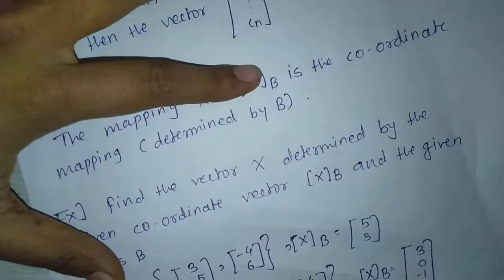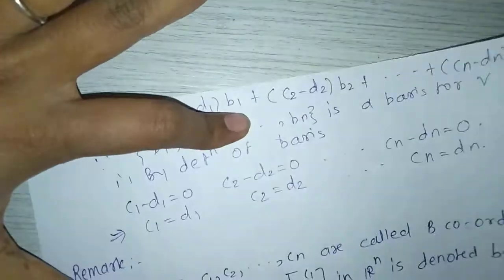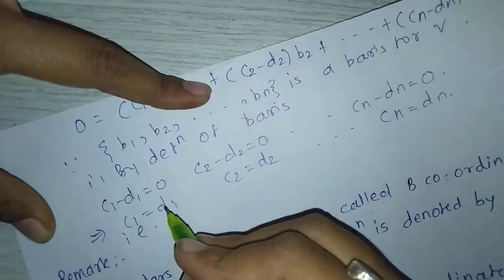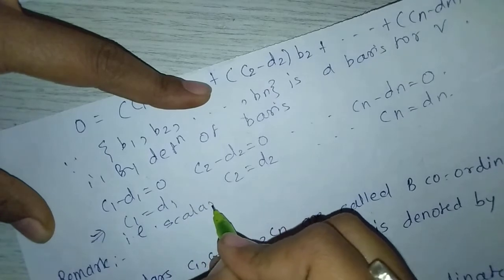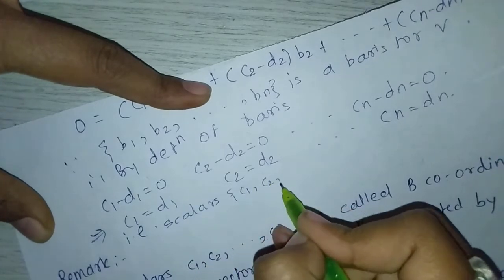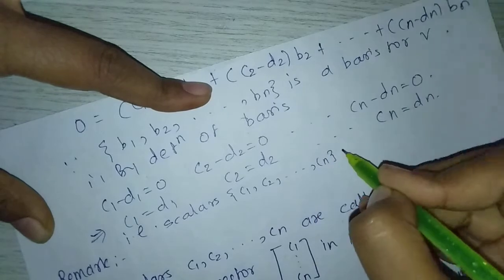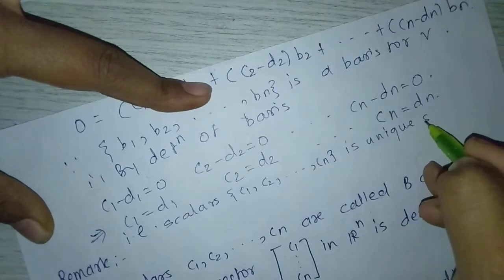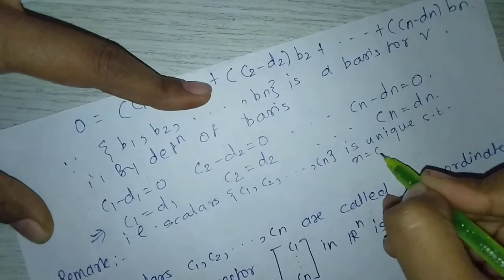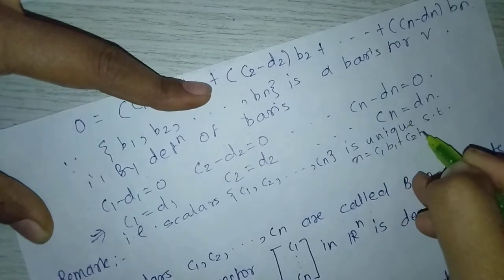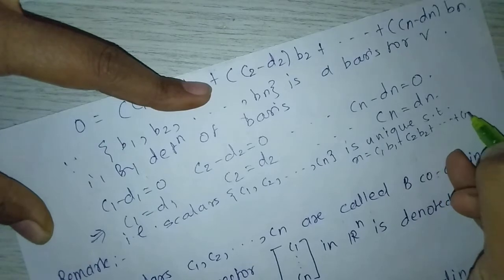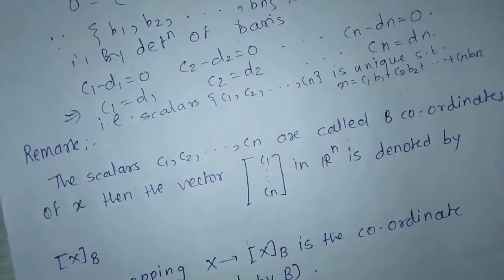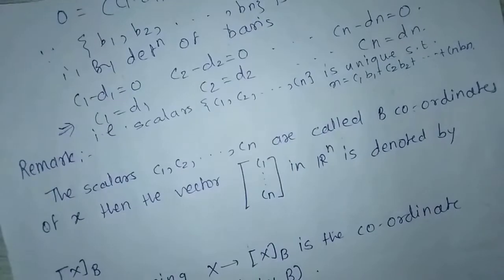That means the scalars C1, C2 and so on Cn are unique such that X equals C1 B1 plus C2 B2 plus and so on plus Cn Bn. Theorem proved.